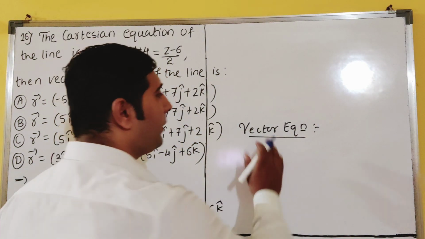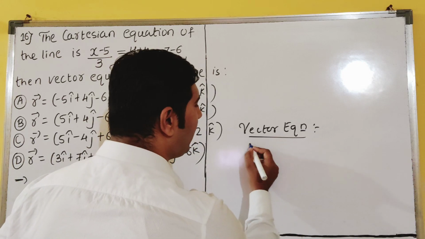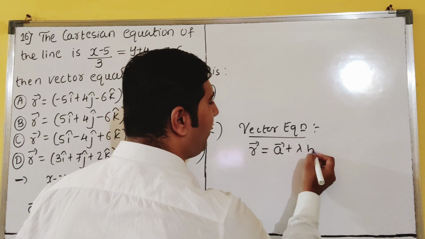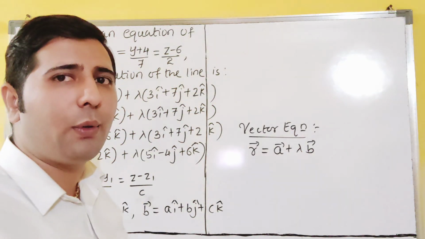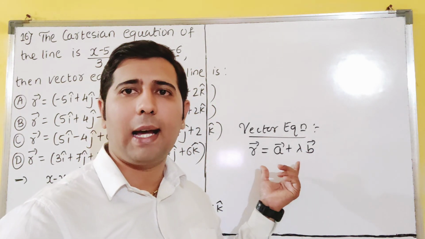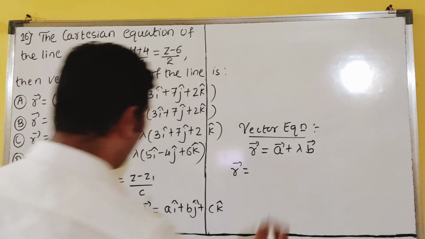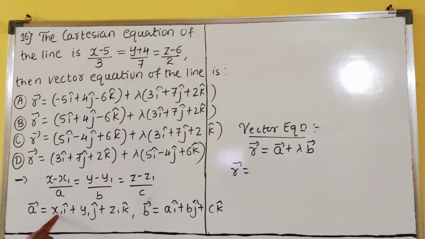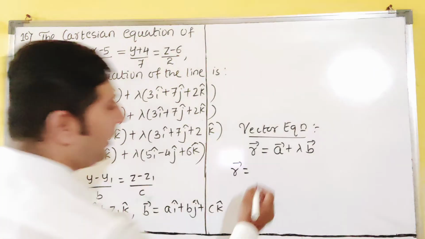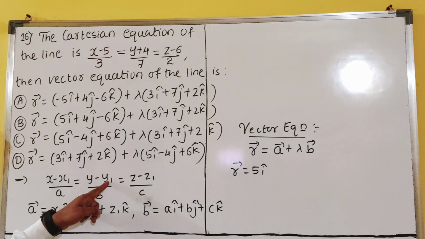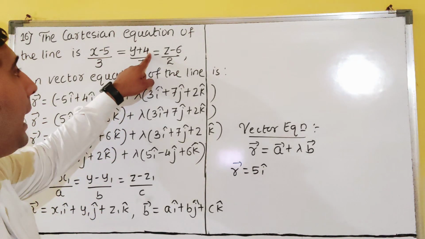So now see here, vector equation. What is the formula? Vector r is equal to a plus lambda into b. Basically you used to write like this. What is vector a, dear students? Observe. x1 i cap, y1 j cap, z1 k cap. x1 is 5, so 5 i cap. y1 is minus 4, dear students.